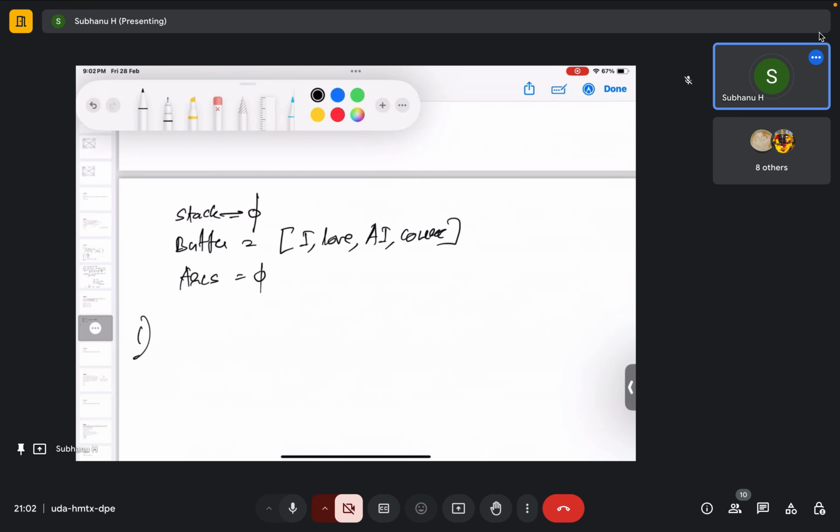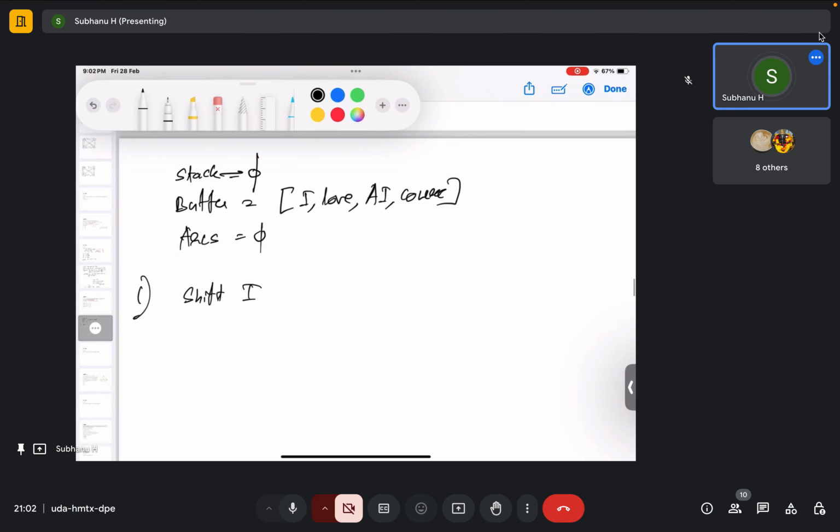Now the first step is shift I. So if I shift I, then in my stack I have I. Okay. In the buffer I have love AI course.